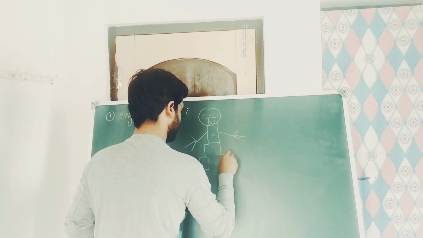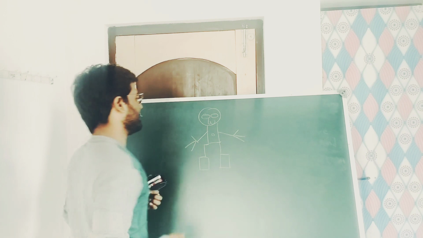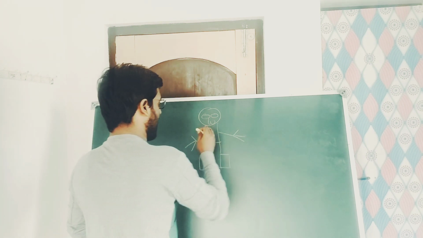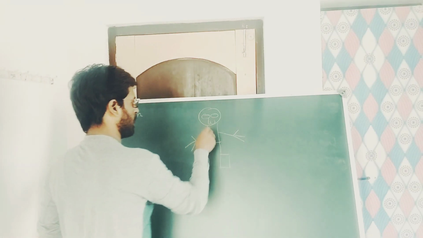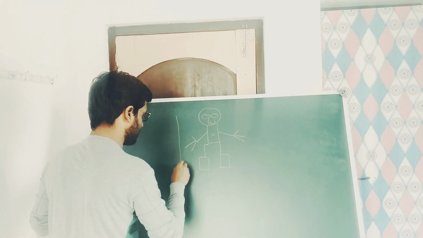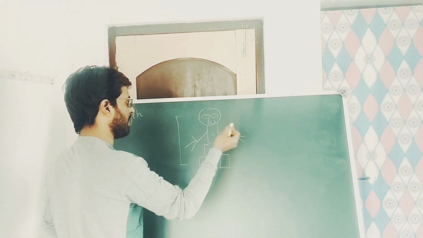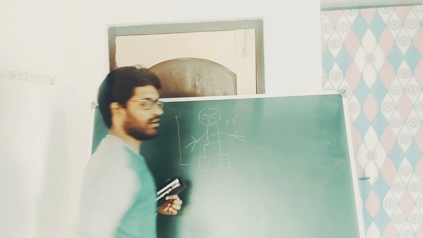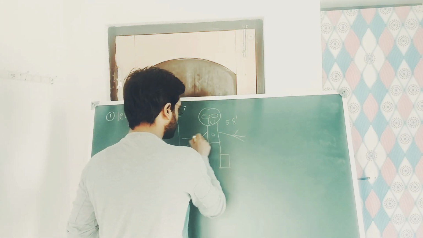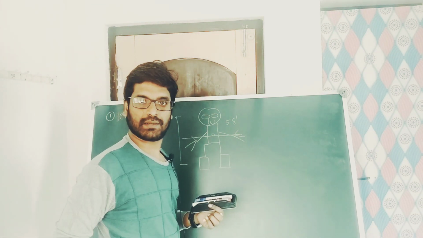These are the legs. Now I'm bisecting this person into two parts. Initially this person's length, suppose it is me, my length is 5 feet 8 inches.